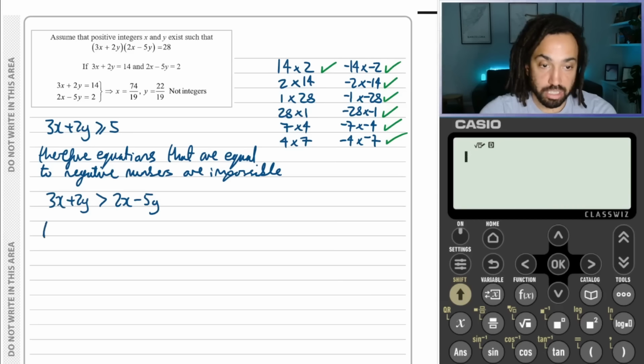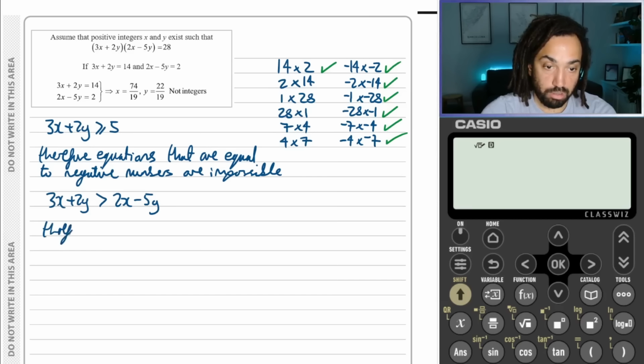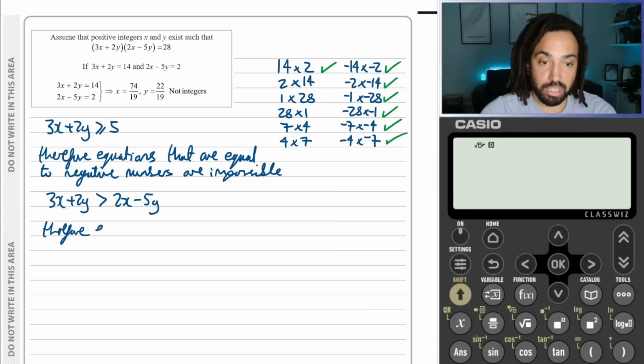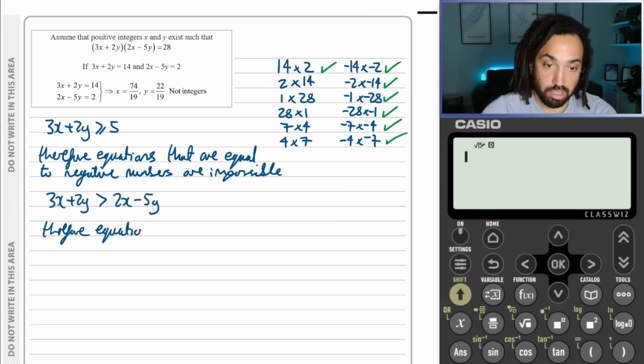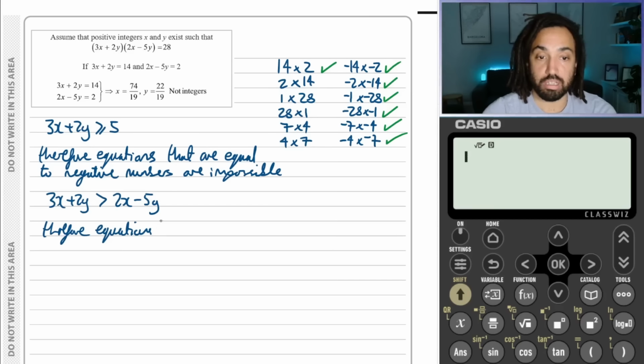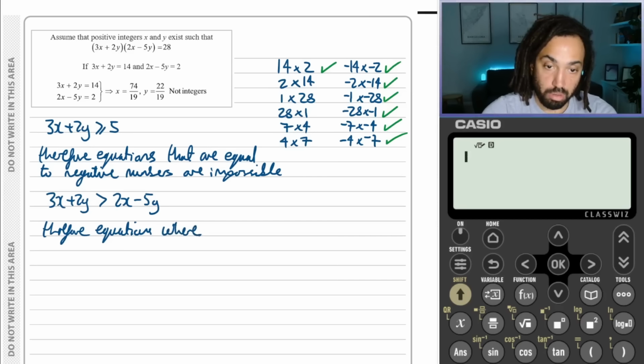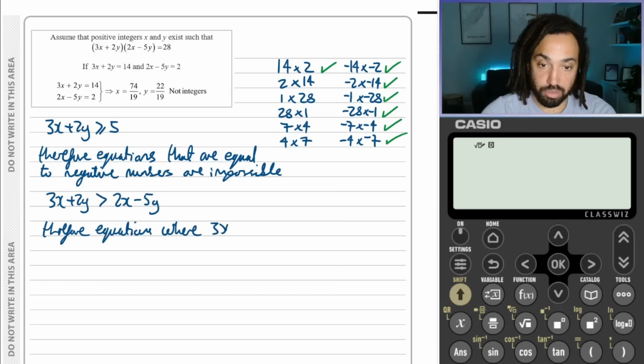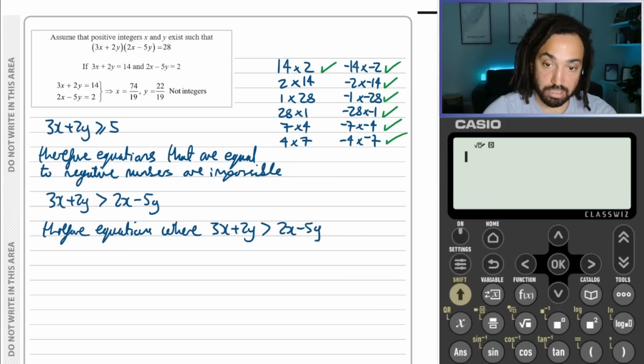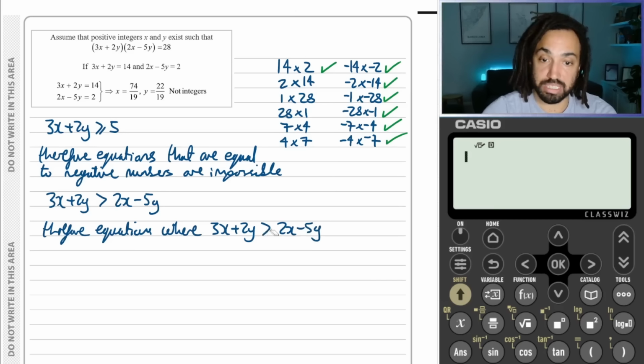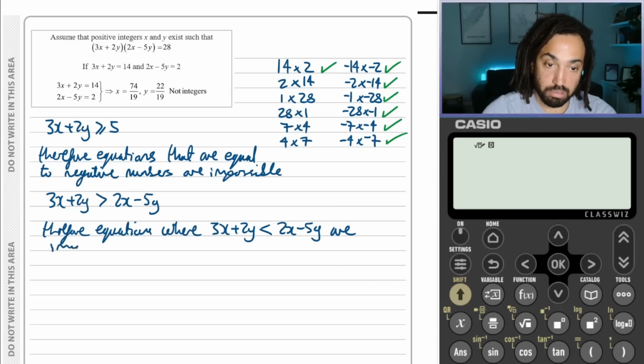So that means, therefore, equations where 3x plus 2y is less than 2x minus 5y are impossible.